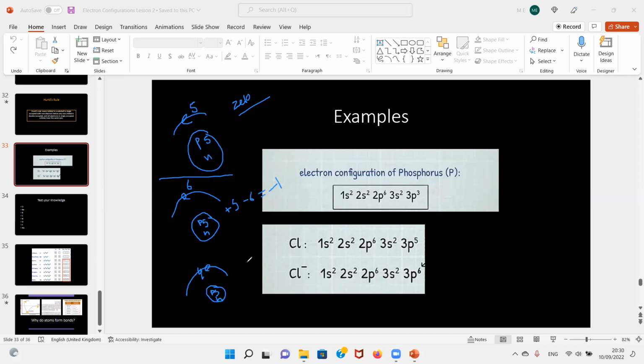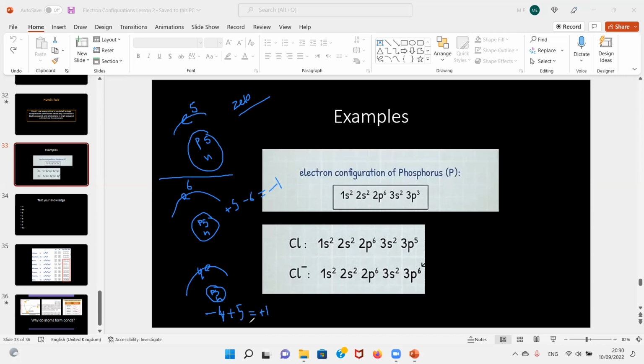So the overall charge on this atom is minus 4, because you have 4 electrons, plus 5, because you have 5 protons, which are positively charged. So the overall charge is plus 1. As you can see, we have 0, minus 1, and plus 1.